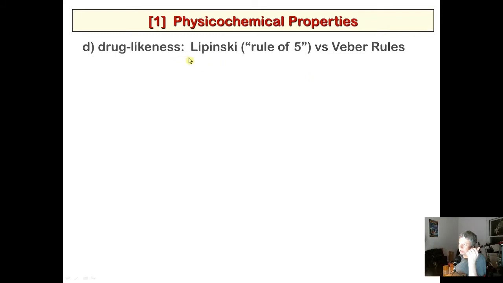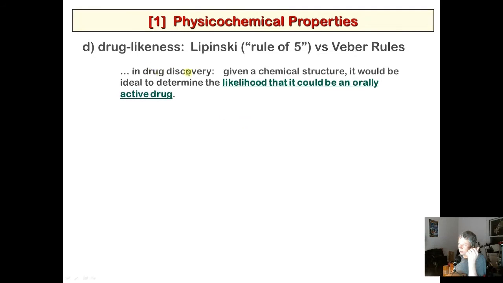They try to quickly determine the concept of drug likeness. In drug discovery, given a chemical structure, it would be ideal to determine the likelihood that it could be orally active. If I'm making molecules at a drug company, it'd be nice to determine during the process whether this is expected to be an orally active drug. It'd be really useful if we could use easy-to-find parameters like C log P and TPSA, which we can calculate very rapidly with a computer program.